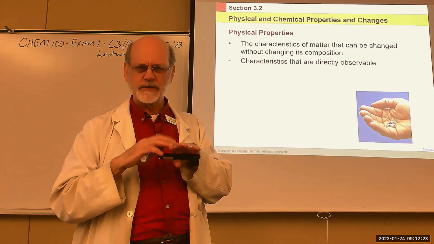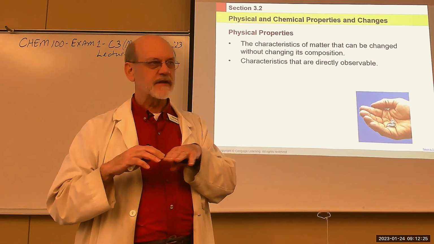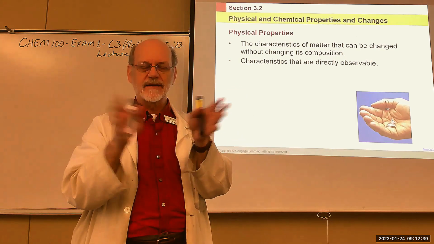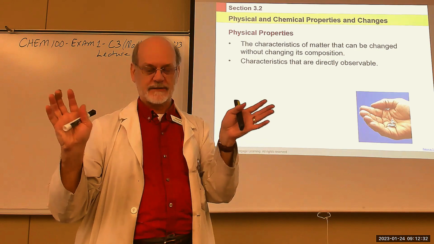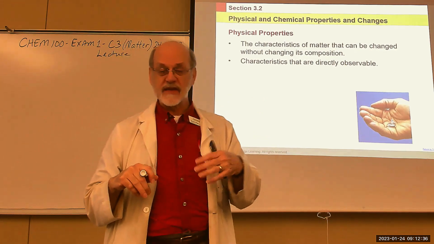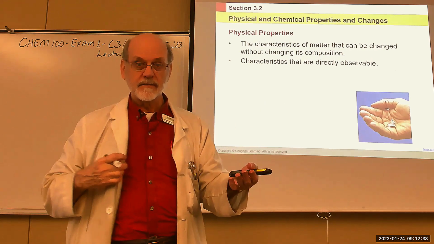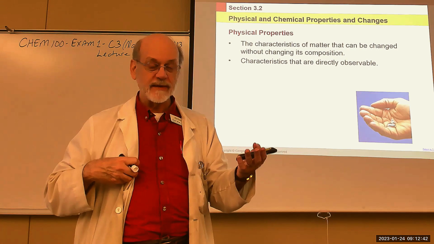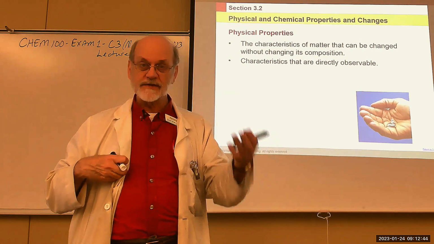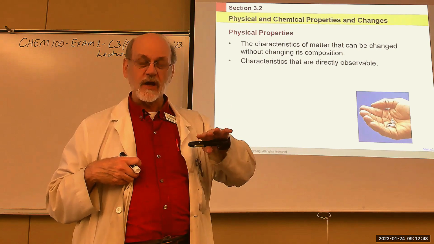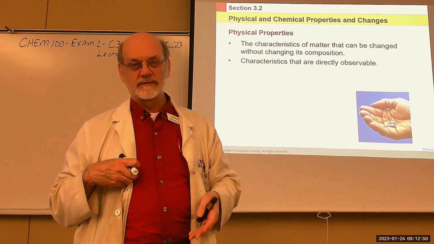I don't know if you've heard of diffraction gratings, but it's another way of splitting white light out into different colors, like a prism. But there was no change in the identity of the butterfly wing. Its composition is the same. So that's a physical property. It has the ability to alter its color with the angle.